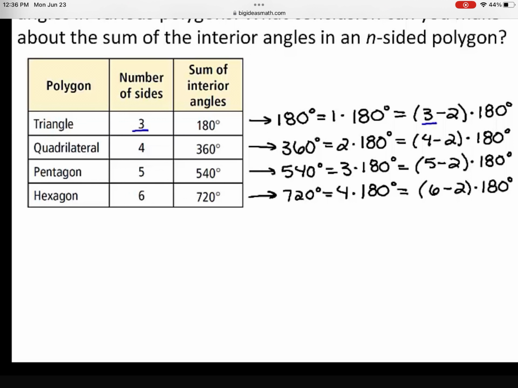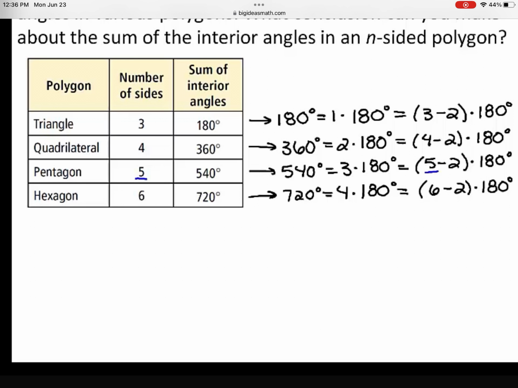The sum of interior angles of a triangle can be written as the quantity 3 minus 2 times 180 degrees. The sum of the interior angles of a quadrilateral can be written as the quantity 4 minus 2 times 180 degrees.